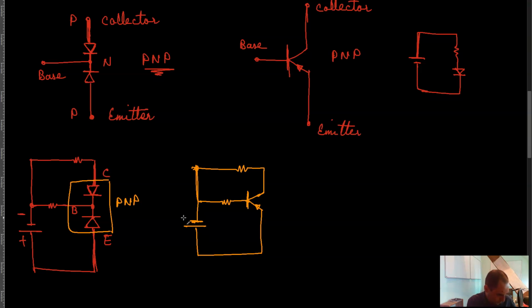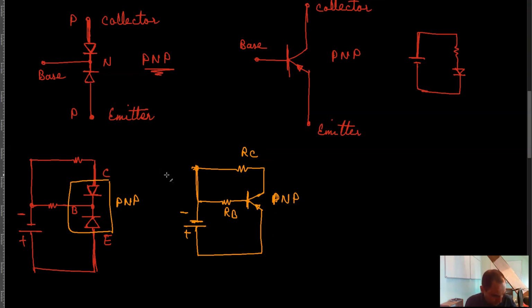That's how you connect a PNP transistor to a power supply. This is R of C, and this is R of B, and this is a PNP transistor, right?